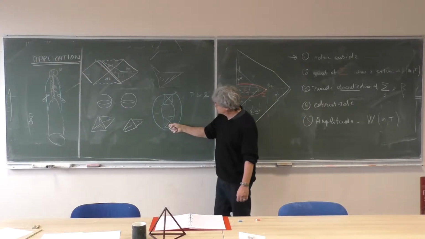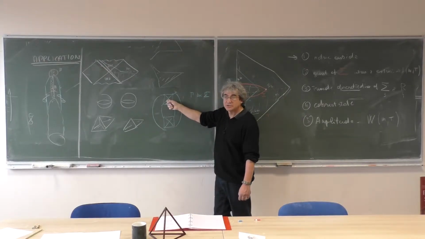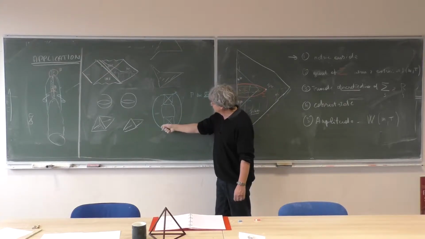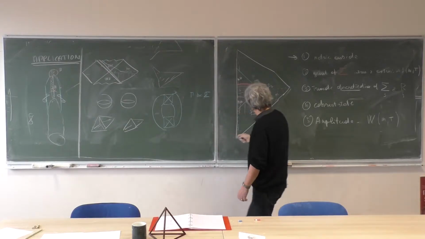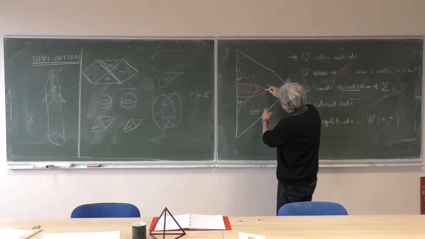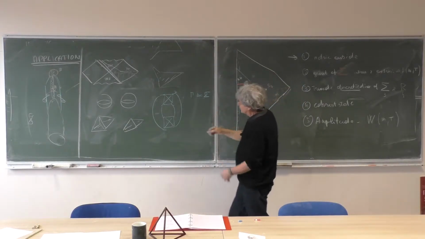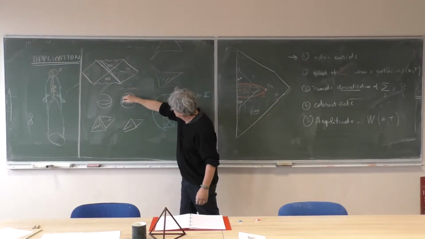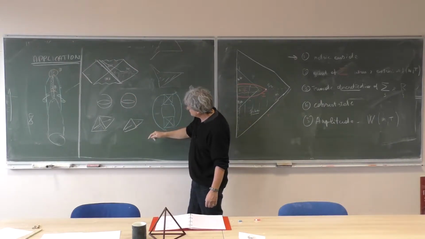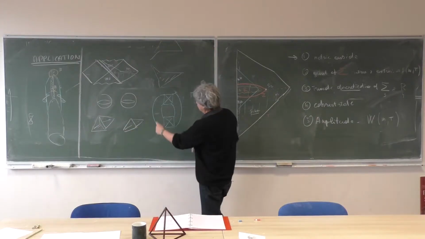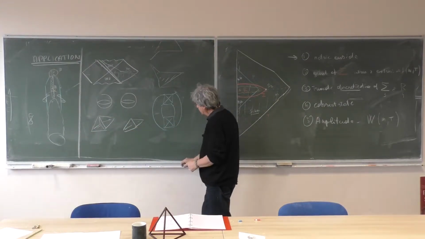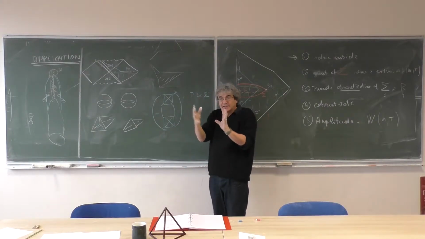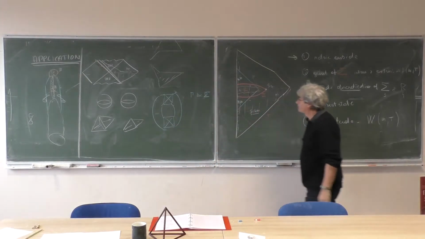This is the past, this is the future. 4 tetrahedra down, 4 tetrahedra up. And this S2 is the surface here, which is the boundary, just these 1, 2, 3, 4 triangles attached that separate the upper from the lower.